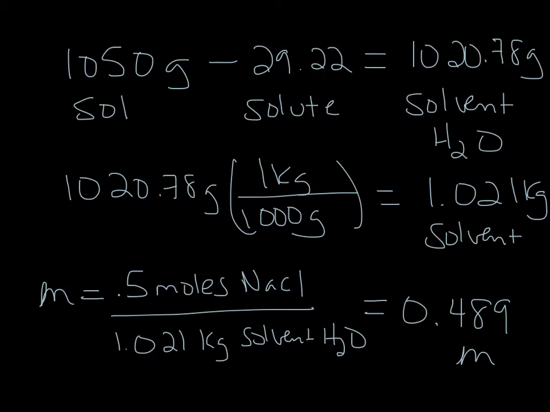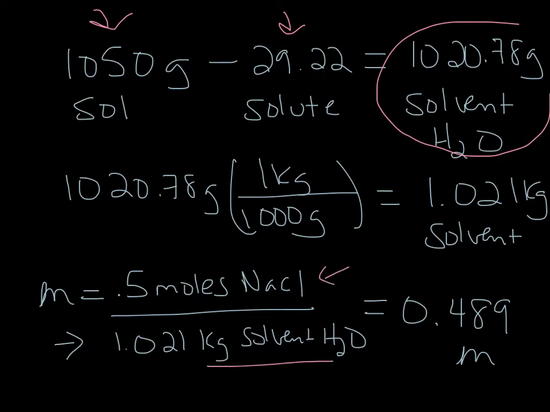I use density to convert from volume to grams, which allowed me to determine my bottom component here to figure out the kilograms of solvent. So I used the density to figure out how much solution I had in the beginning. I used the moles and the molar mass to figure out the grams of my solute, and the difference between those is the amount of solvent that I have in grams. I convert to kilograms. Molality is defined as the moles of solute over the kilograms of solvent.